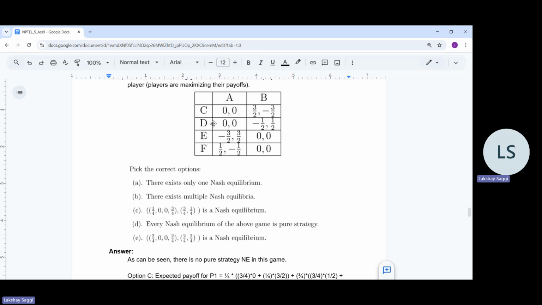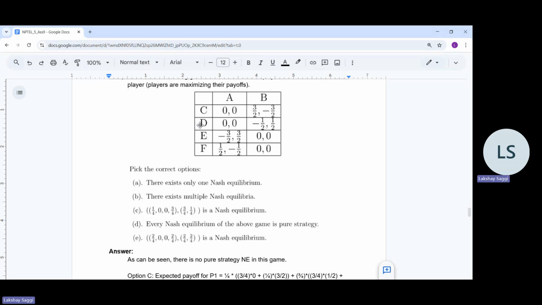As can be seen, for row D, if 3/4, 1/4 is played, the payoff on playing D becomes minus 1/8, which is clearly less than 3/8. And here the payoff becomes minus 9/8. So D and E both have negative payoffs, right?